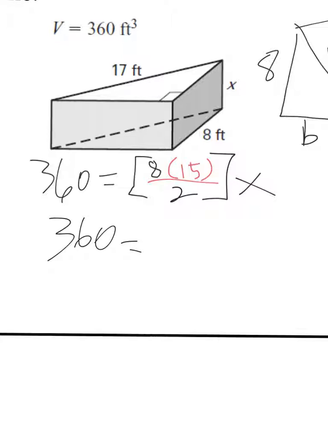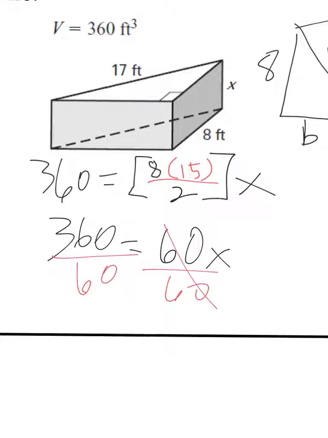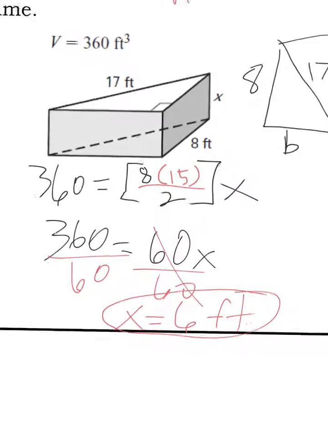Let's see here. 8 times 15 divided by 2 is 60. So we have 60x equals 360. So 360 divided by 60 is 6. X equals 6 feet. There we go. That's about as challenging as it can get.